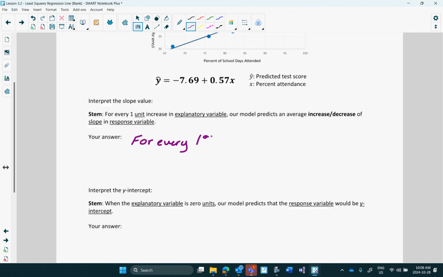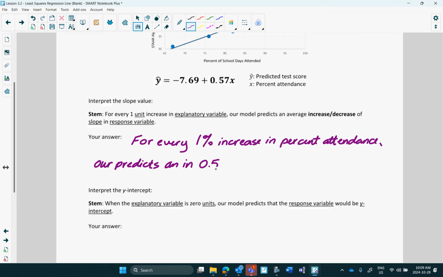So for every 1% increase in percent attendance, our model predicts, and now we're going to determine whether the slope is positive or negative, see if it increases or decreases. Well, it's positive, so it's going to be an increase. So it predicts an increase in, and now write the slope, 0.57 in raw test score.